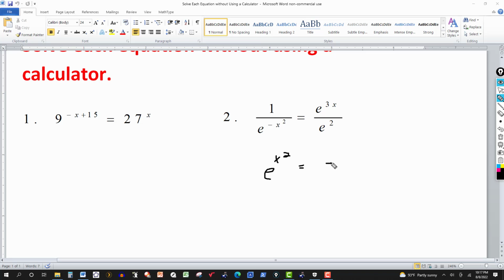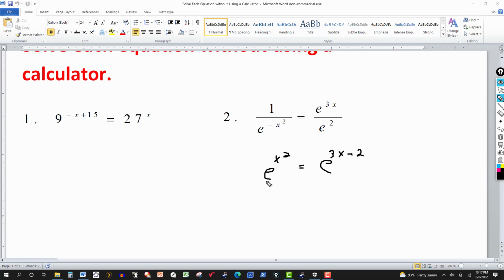And then on the right side, we have e to the 3x over e to the 2, so let's use the laws again. Division, dividing powers of the same base. Subtract exponents, so this should be base e, and the exponent should be 3x minus 2. Dividing powers of the same base, bring down the base, subtract the exponents.